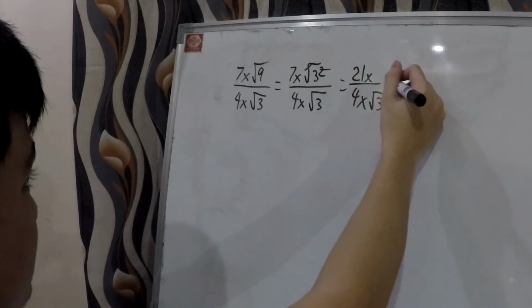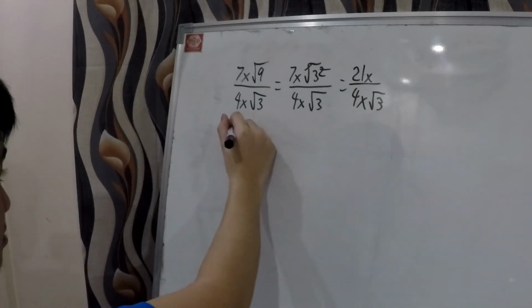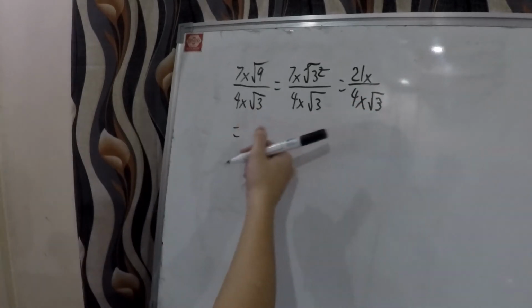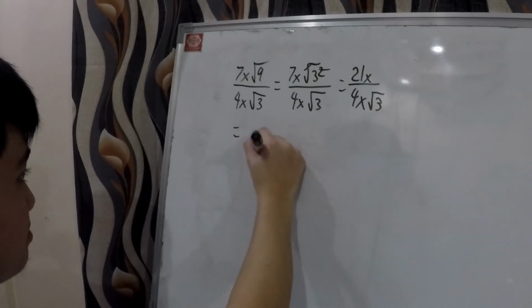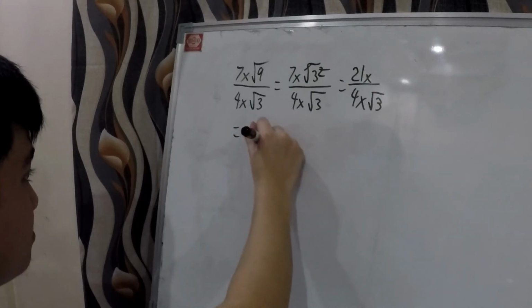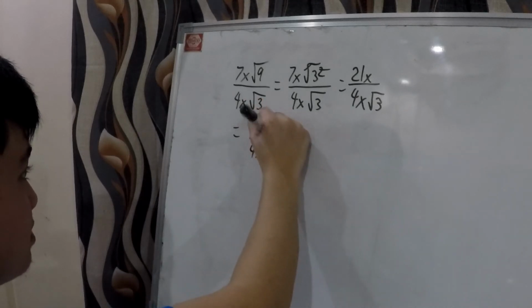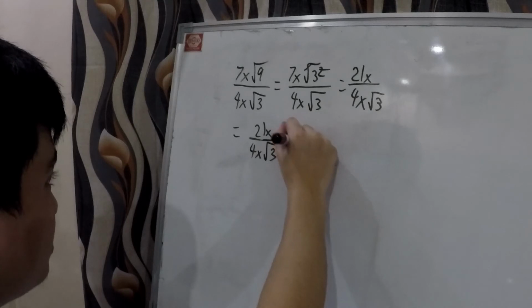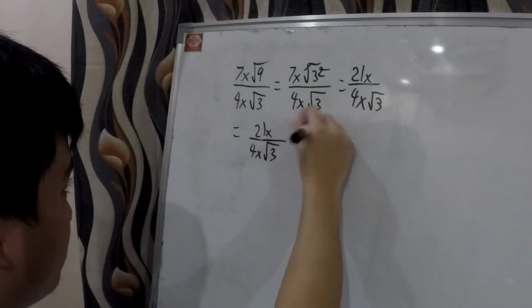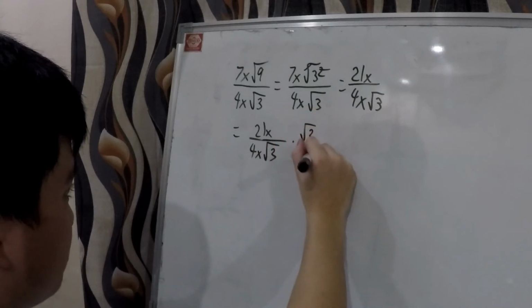What we must do next is simplify this expression by rationalizing. Since we have a radical in the denominator of our answer, we must simplify even further. So 21x over 4x times the square root of 3, times the square root of 3 over the square root of 3.